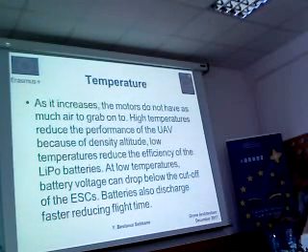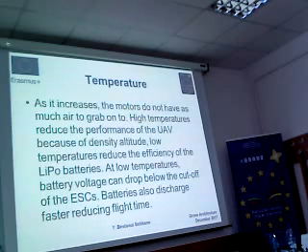So I have explained about when the temperatures increase. The motor will not have as much air to grab onto, and high temperatures reduce the performance of the UAV because of this altitude. The temperatures can also affect the batteries.